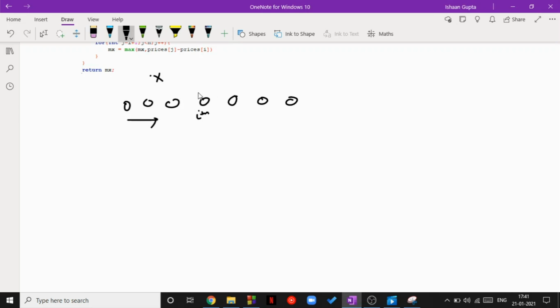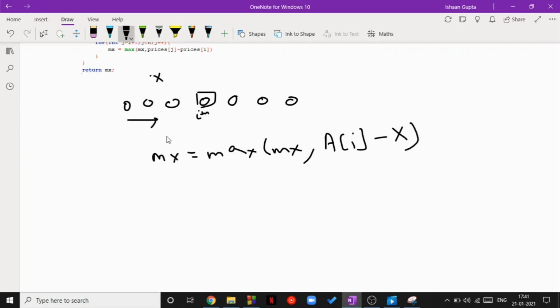Now we will check the price of this stock. If this stock has value more than x, then we will update max as max of mx, comma, the value of the ith element minus x.